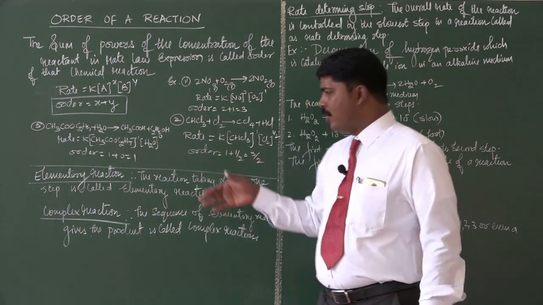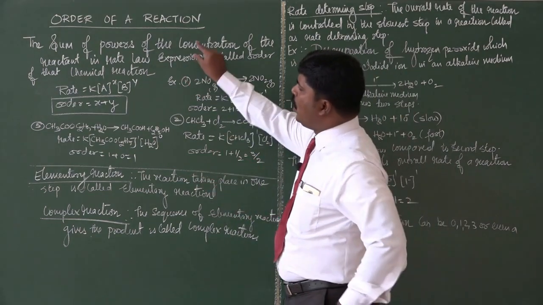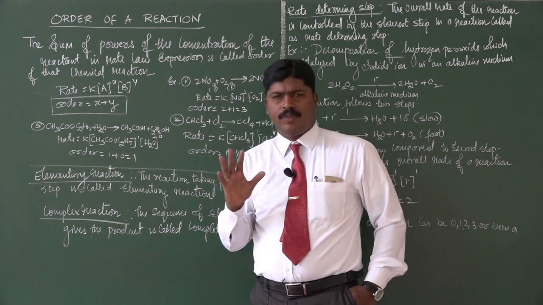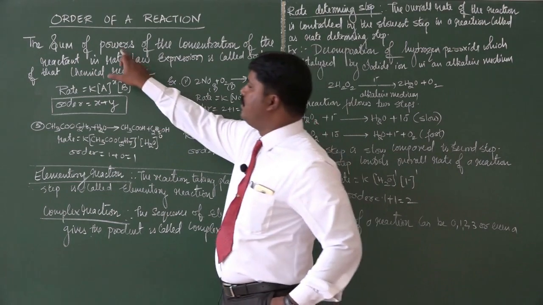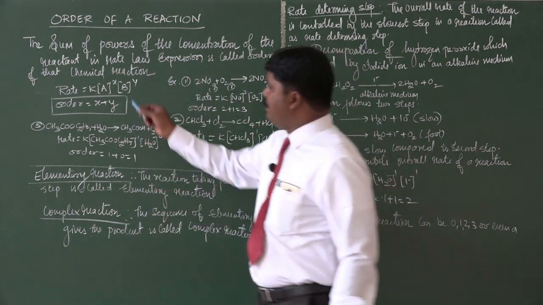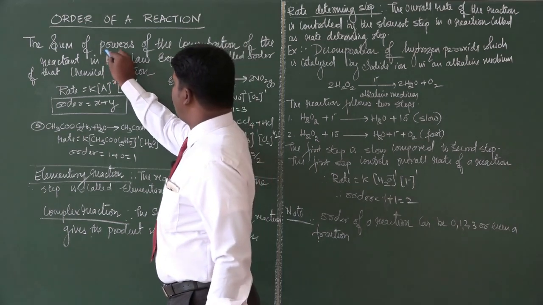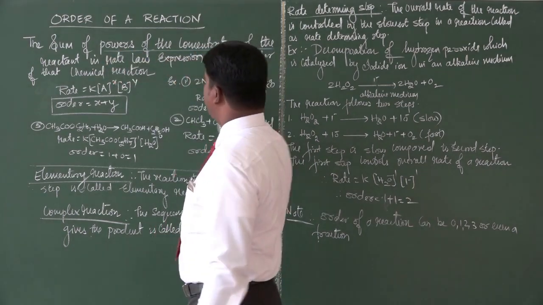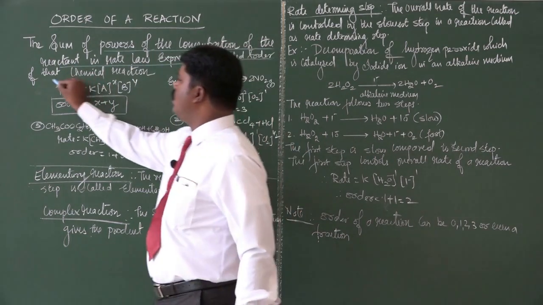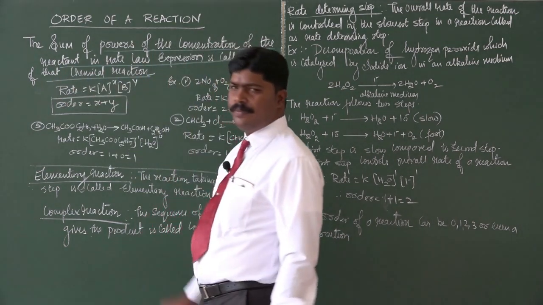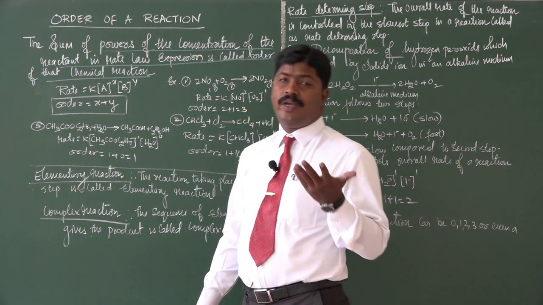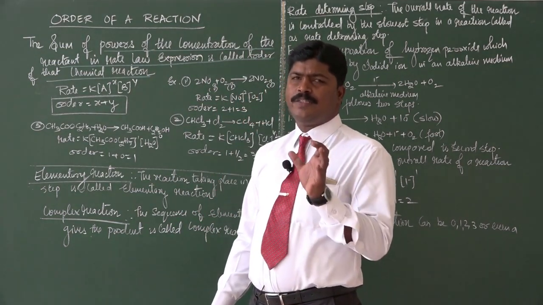Before I land on that, I just finished one small topic, the order of a reaction. See what you must do: see the rate expression and just add the powers. The sum of the powers of the concentrations of the reactants in the rate law expression is called the order of that chemical reaction. If you want to find the order, check the rate expression, don't look at the equation again.